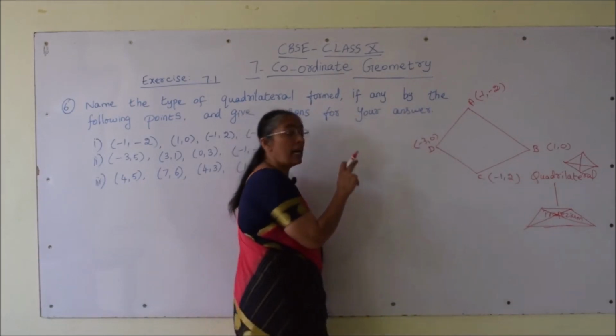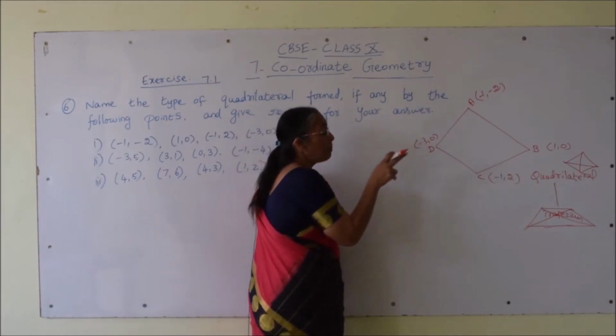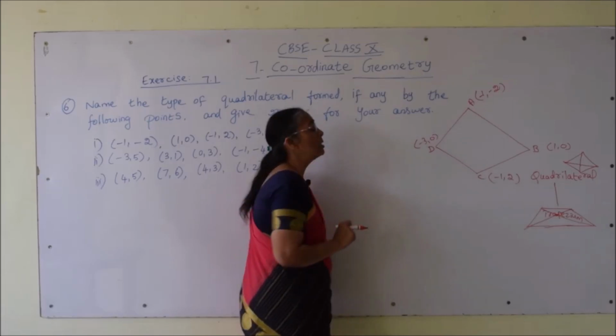And the only difference between quadrilateral and trapezium is that one pair of sides is parallel.